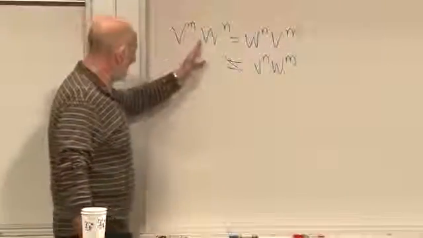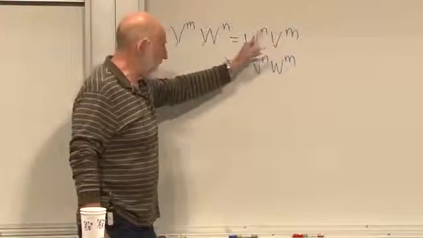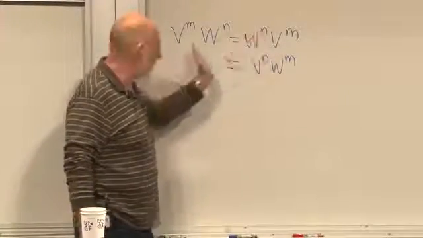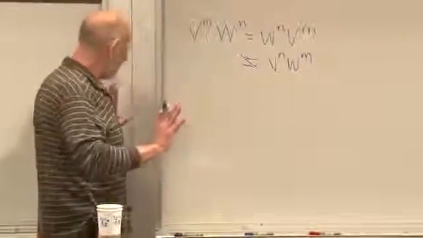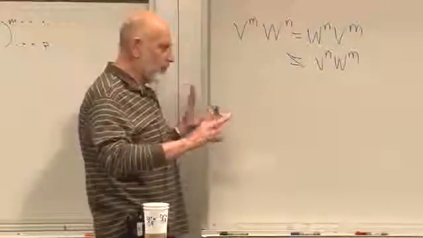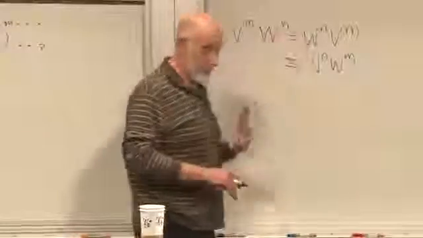V^m times W^n is the same as W^n times V^m. Doesn't matter which is which, 7 times 3 is 3 times 7. We're not doing quantum mechanics. Every multiplication of numbers and components are numbers.